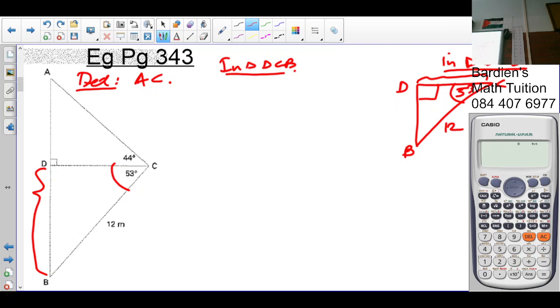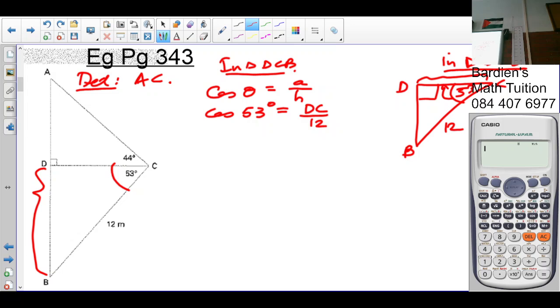So which trigonometric function uses adjacent and hypotenuse? Cos. So you say cos of theta equals adjacent over hypotenuse. What's my theta angle? Cos 53 degrees equals DC over 12. You all okay with that?